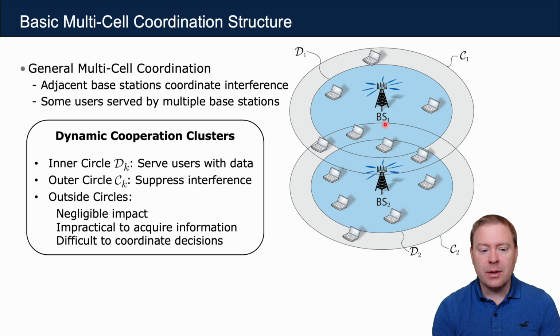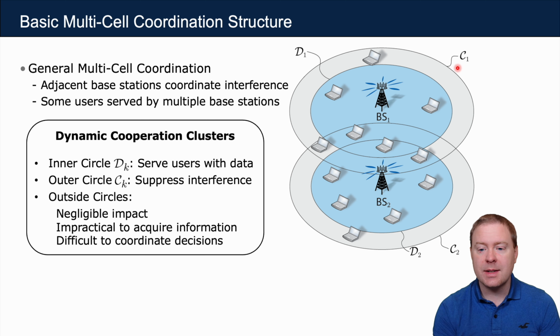Around each base station, there is an inner circle containing a number of users. We call it D1 here, which are the users that this base station is sending data to. Then there is an outer circle, a bigger area, where we have some users, including the ones that we are sending data to, but also some additional ones where we would like to suppress the interference that we are causing to them.